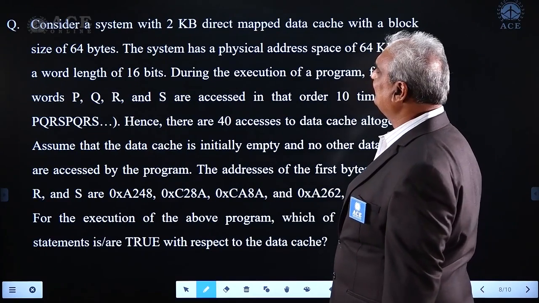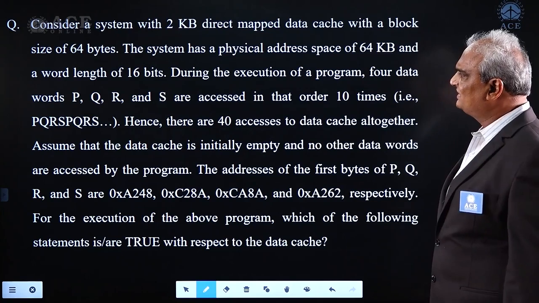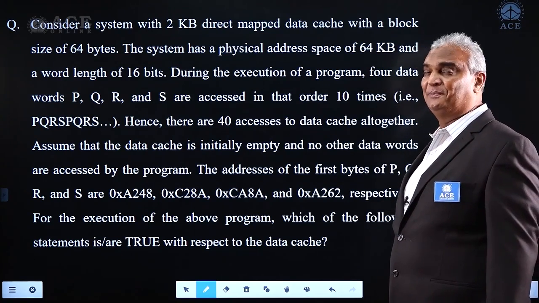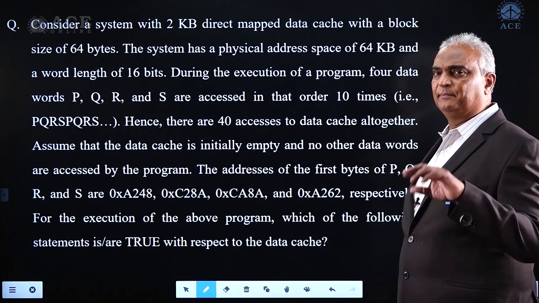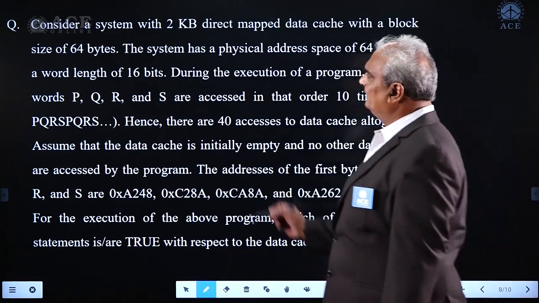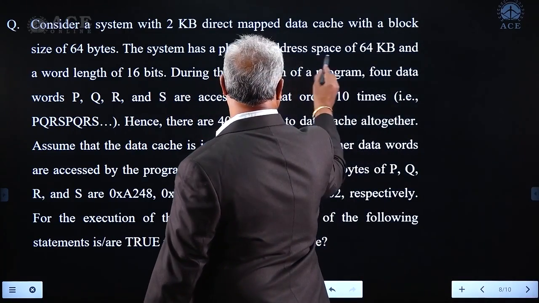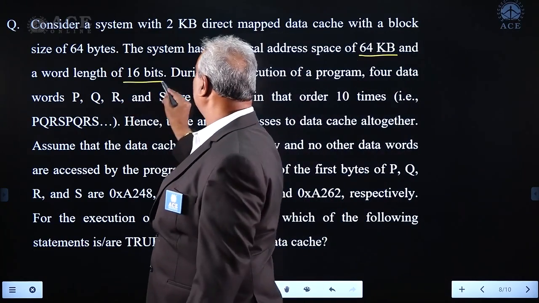Watch this question. Consider a system with a 2 KB direct mapped data cache with a block size of 64 bytes. First, get 100% clarity in the question. Try to understand the question clearly, and it is better to read the question minimum 3 times. The system has a physical address space of 64 KB and a word length of 16 bits.